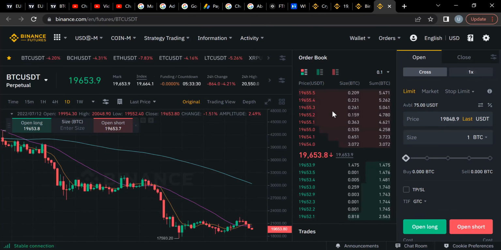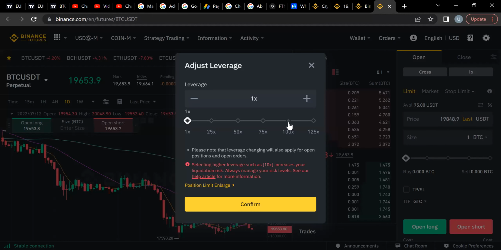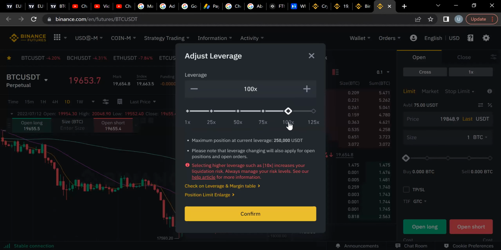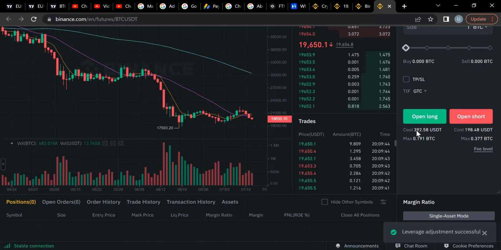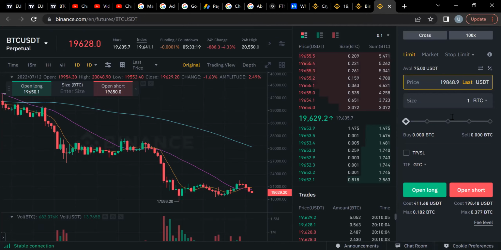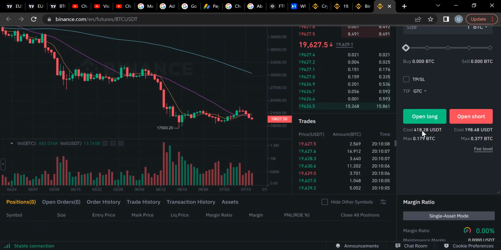But if I increase my leverage to, let's say, 100, you can move the leverage anyhow you want. If I move the leverage to 100x, you will see what will happen. Now with 100, I can open 1 BTC with 392 USDT. Can you see it? Now it has reduced the amount of money I need. Before I was needing 20,000 to open 1 BTC, but now I'm needing 401. So I must have 418 in my wallet.